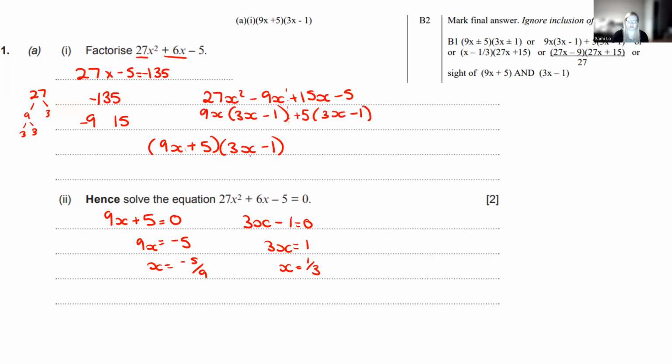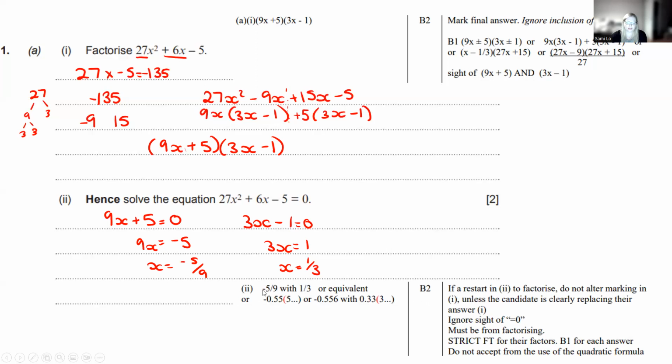So you needed both those brackets next to each other. The last question, okay, so it was looking for minus 5/9 and a third. So that was enough to give you 2 marks. And again, that's it. So as long as they're happy with that, you didn't have to use quadratic formula or anything like that. You're just using your sum from above.